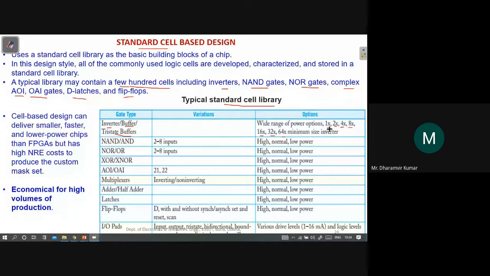We have the minimum size inverter, the 2 times performance inverter, an inverter which gives 4 times the performance, and inverters which give 64 times the performance. And this is applicable for all kinds of components available in the standard cell library.